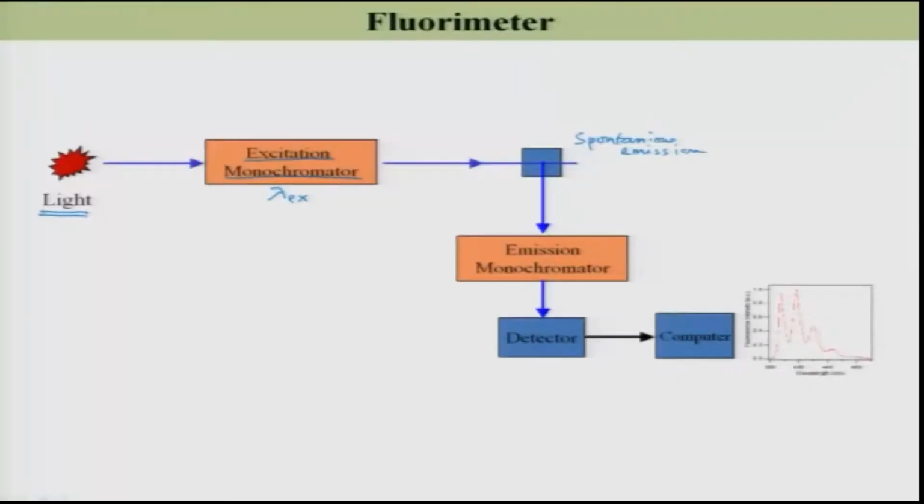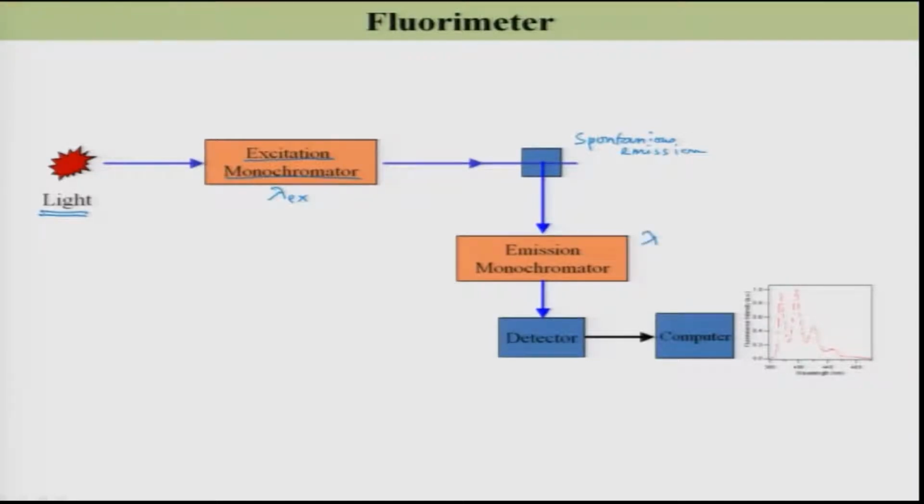During the measurement you keep the setting of the excitation monochromator fixed at your desired lambda excitation. However, you scan the emission monochromator throughout the emission band, then you will get the intensity of emitted light at every wavelength.